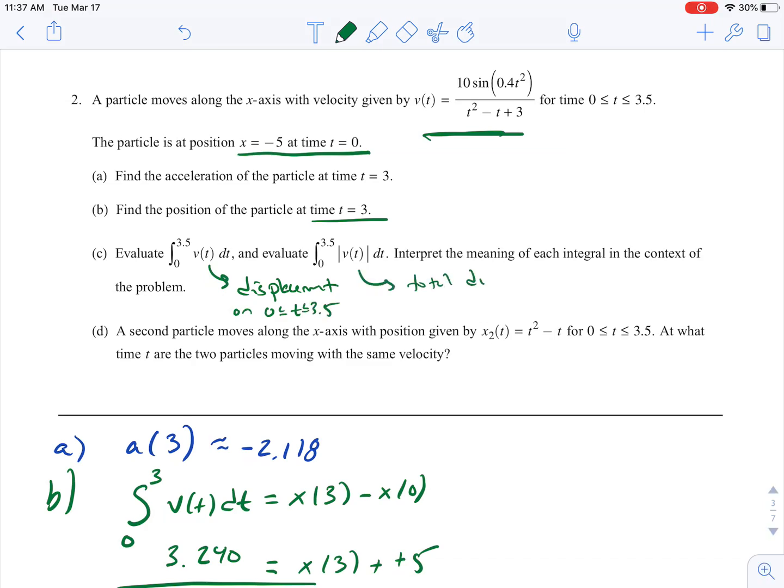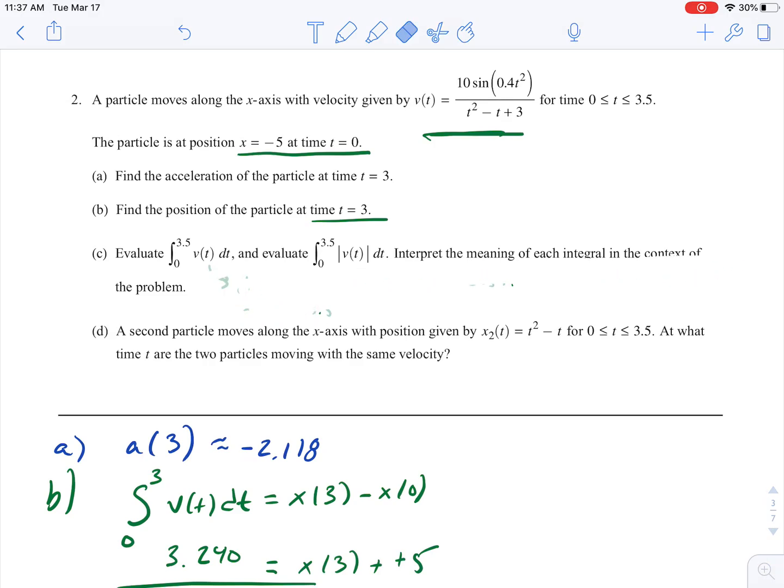And this one's going to be the total distance traveled on the interval 0 to 3.5. Okay, so that's the difference between the two of those.